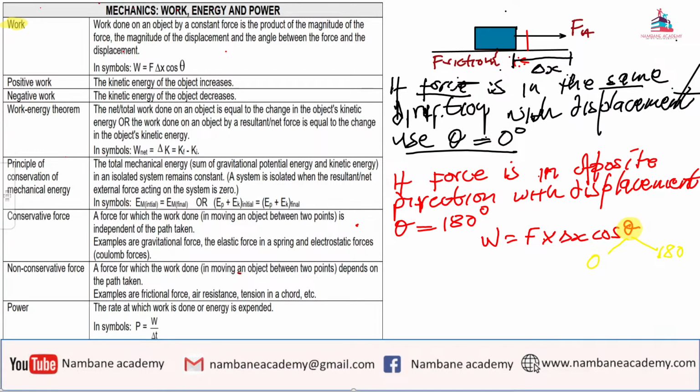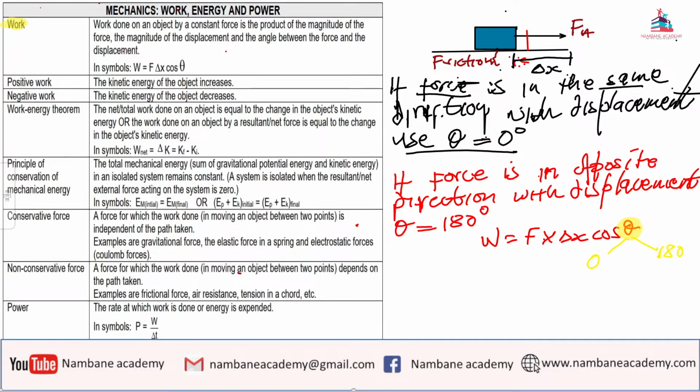So doing that, we know once we work with the work equation in symbols, that theta will only be 0 and 180. Then one will ask, why 0 and 180?